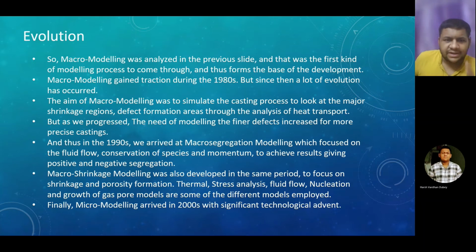These happened during the 1990s when we arrived at micro segregation modeling. Micro shrinkage modeling was also there, and it used thermal stress analysis, fluid flow, nucleation and growth, and gas pore models, which are some of the different model strategies it employed. Finally, with greater development in technology in 2000, we got the micro modeling.